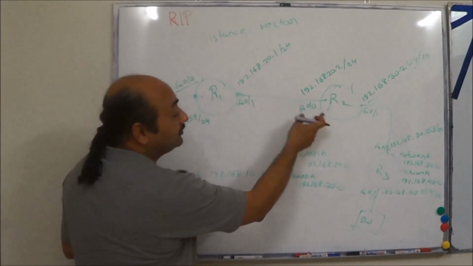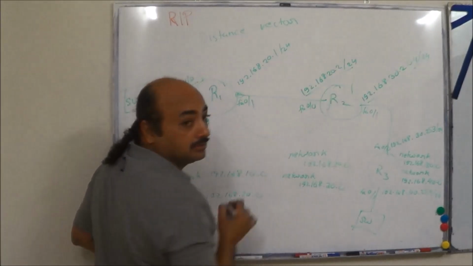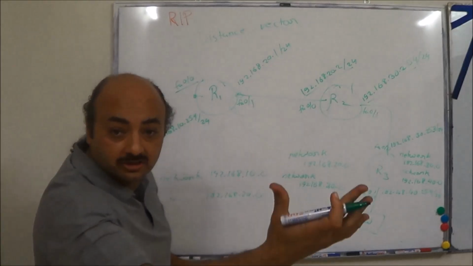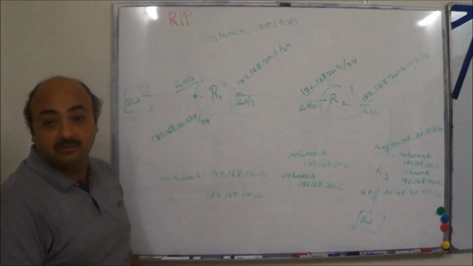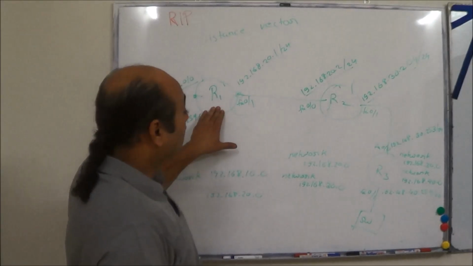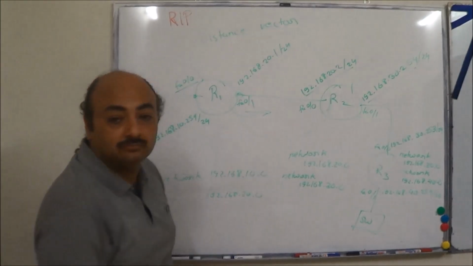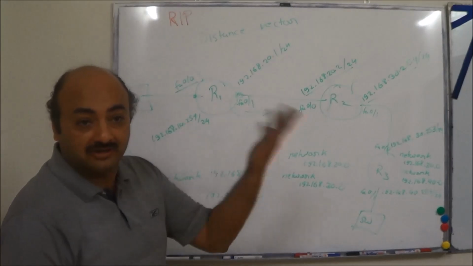So for R1, where is it getting the update from? R2, on this one. So which direction and how many hop count? Distance vector. The 40 network is in this direction, at a distance of 2.